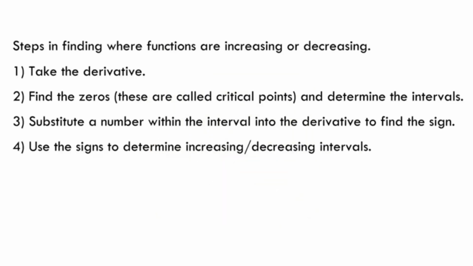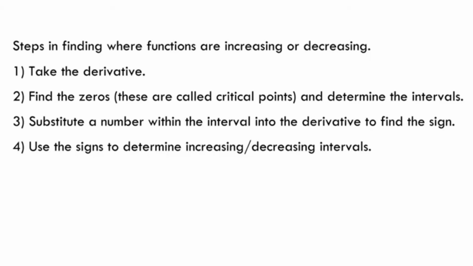The steps into finding whether a function is increasing or decreasing at an interval. We have step 1. You're going to take the derivative of that function. Next is step 2. You find the zeros, that means you set the equation equal to 0. And usually you do some type of factoring and you find out the x values that make your function equal to 0.